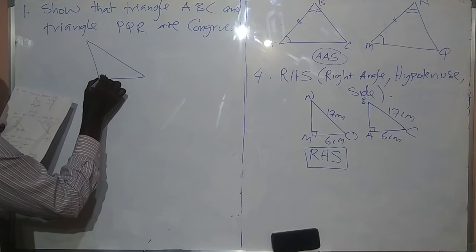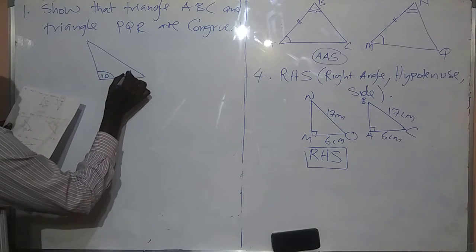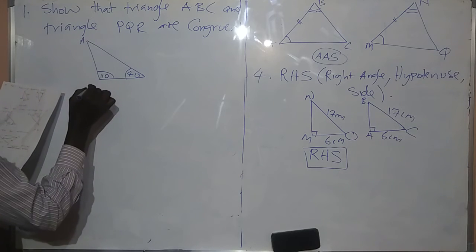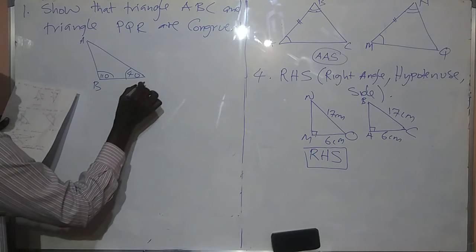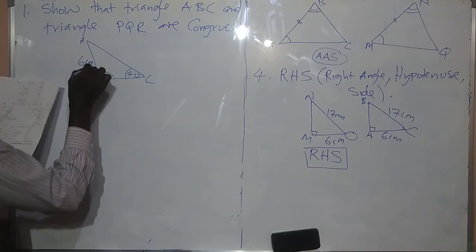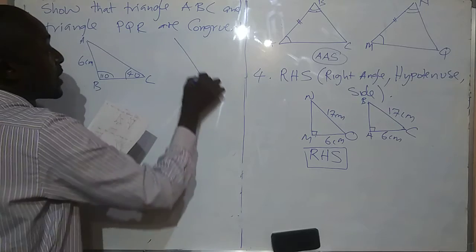Okay, so you have 110 here, 40 here, A, B, C, and then you have 6 here. Then the other triangle is here.